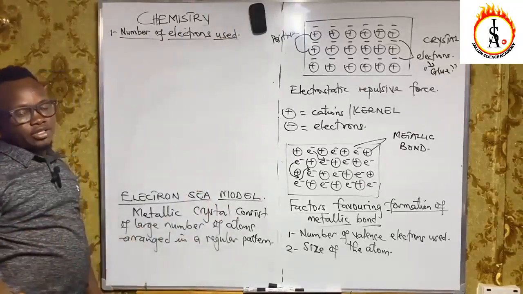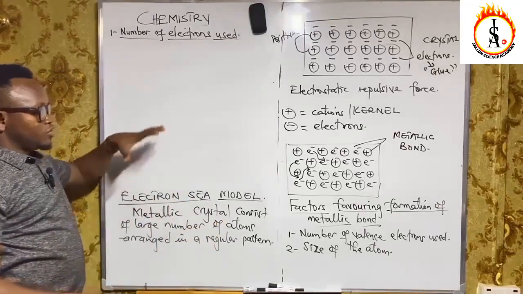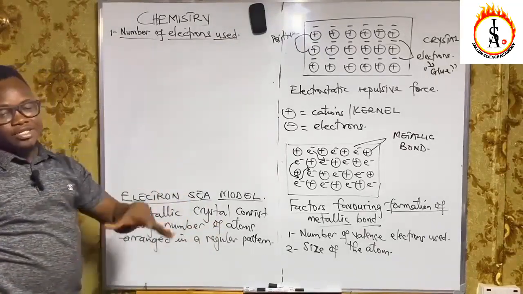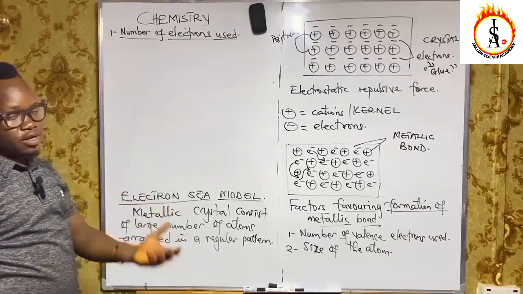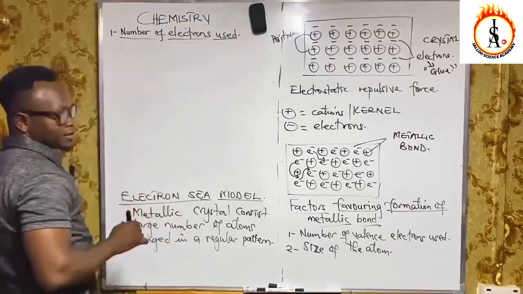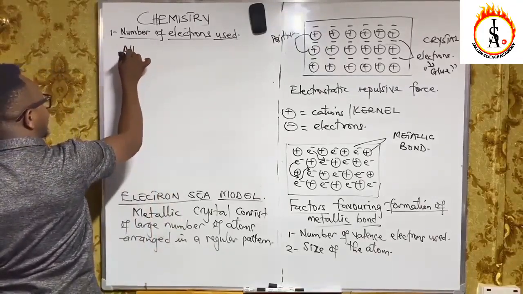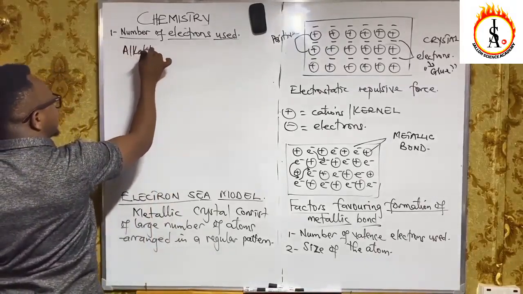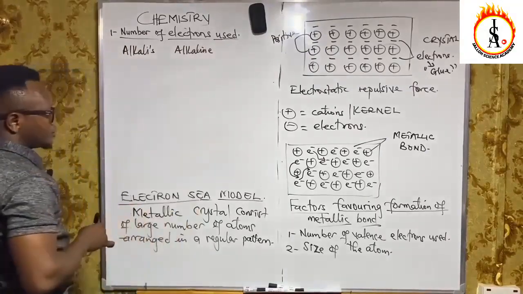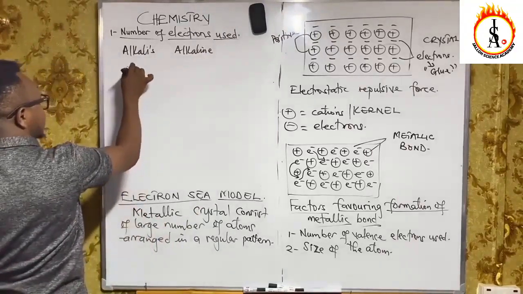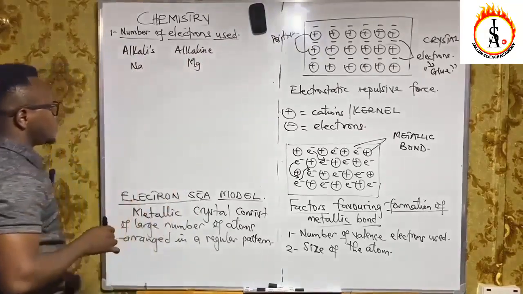The greater the number of electrons used, the stronger the metallic bond. So a bond wherein more electrons are used in its formation is going to be much stronger. Let's compare the number of valence electrons used. For example, the alkalis in group 1 compared to the alkaline earth metals. Let's look at sodium, and then magnesium.